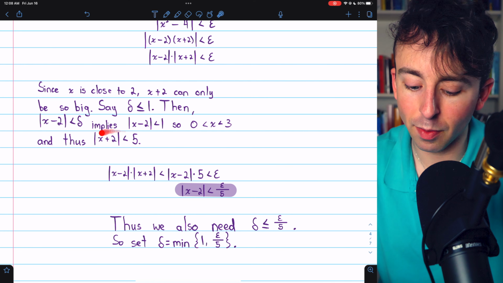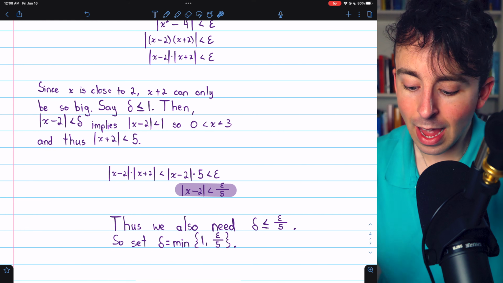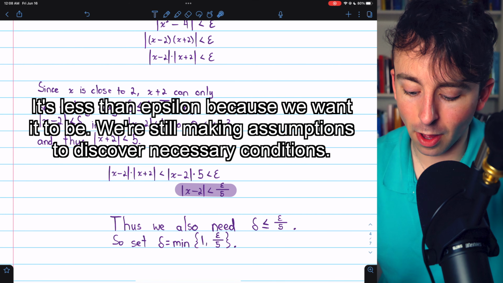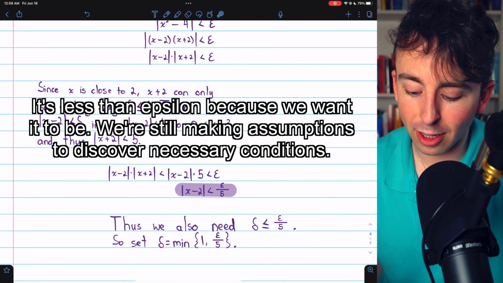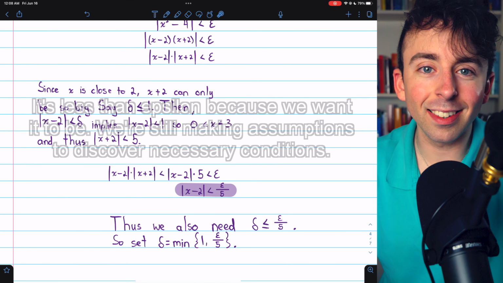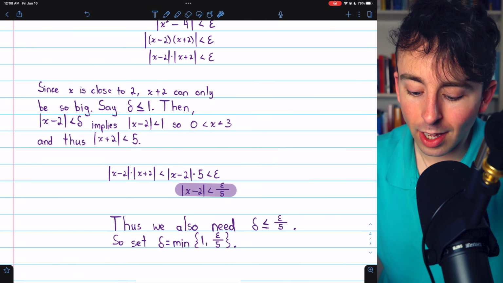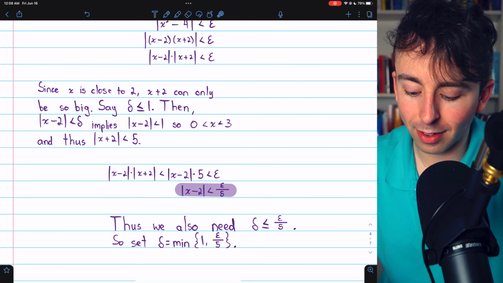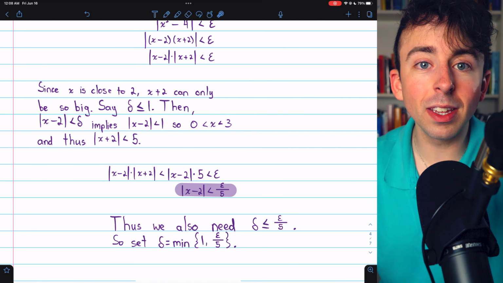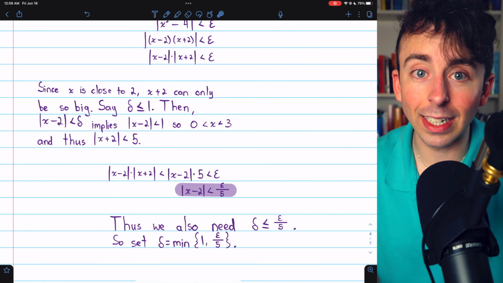Because again, the absolute value of x plus 2 is less than 5. And then this is less than epsilon. And we can divide both sides by 5 in order to get this additional restriction. The absolute value of x minus 2 must be less than epsilon over 5.